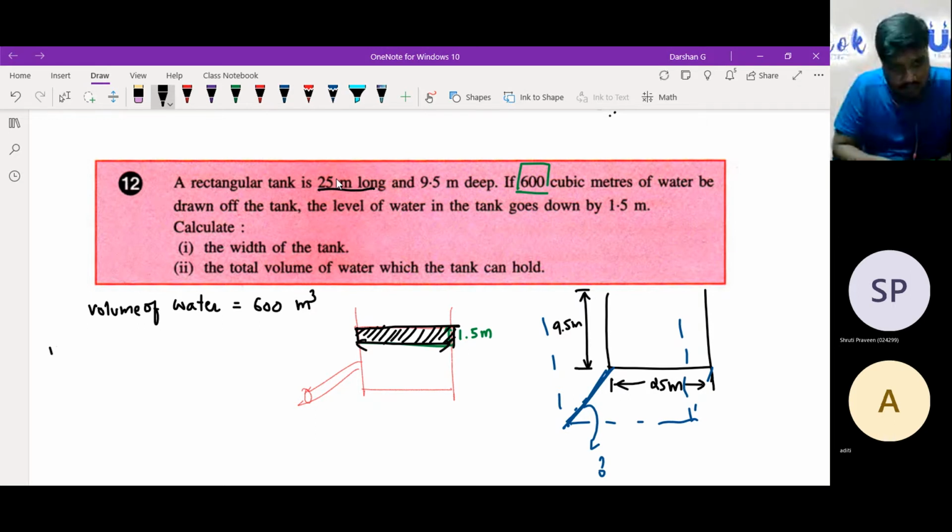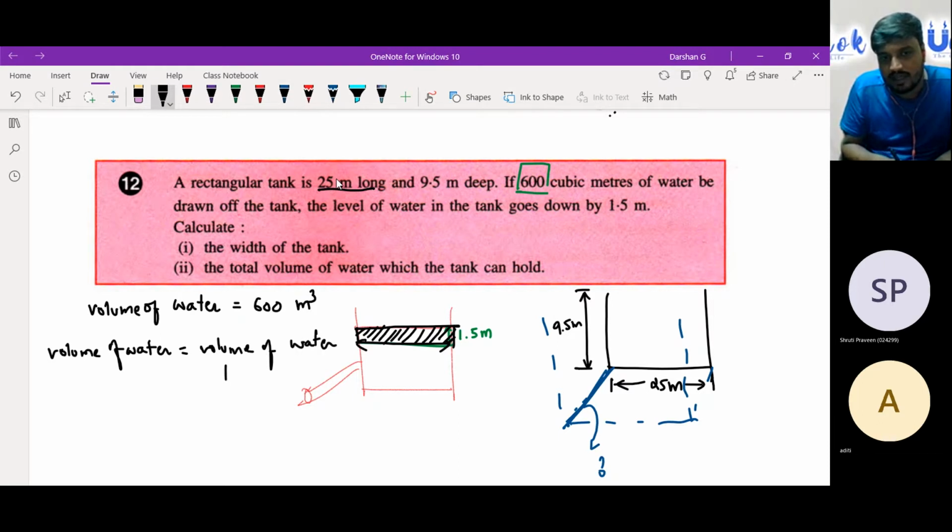That means this is the amount of water which has been drained from this tank. So the volume of water drained from the tank is equal to 600.